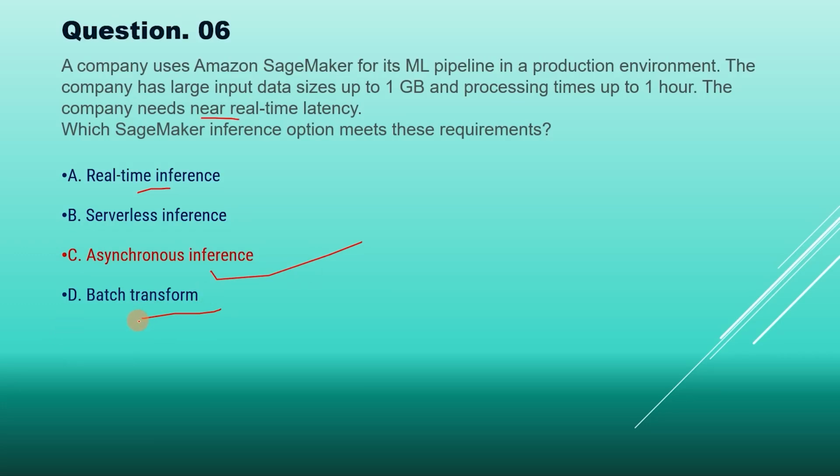If you have sufficient time, if latency can be accommodated, then it will be fine. But here near real-time latency is required. And then serverless inference is also not correct because it is suitable for low latency inference for intermittent or unpredictable traffic without managing infrastructure. So this is the correct answer for question number 6.